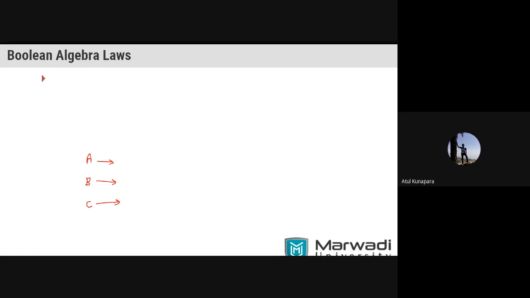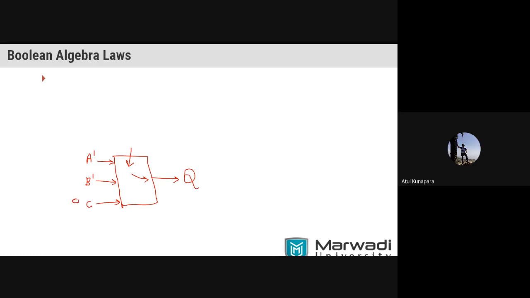So I have this three-input information for my system, and this system gives me one output, Q. What is required is that my system performs some process on these three inputs in such a way that it gives me output only when inputs A and B are both 1.